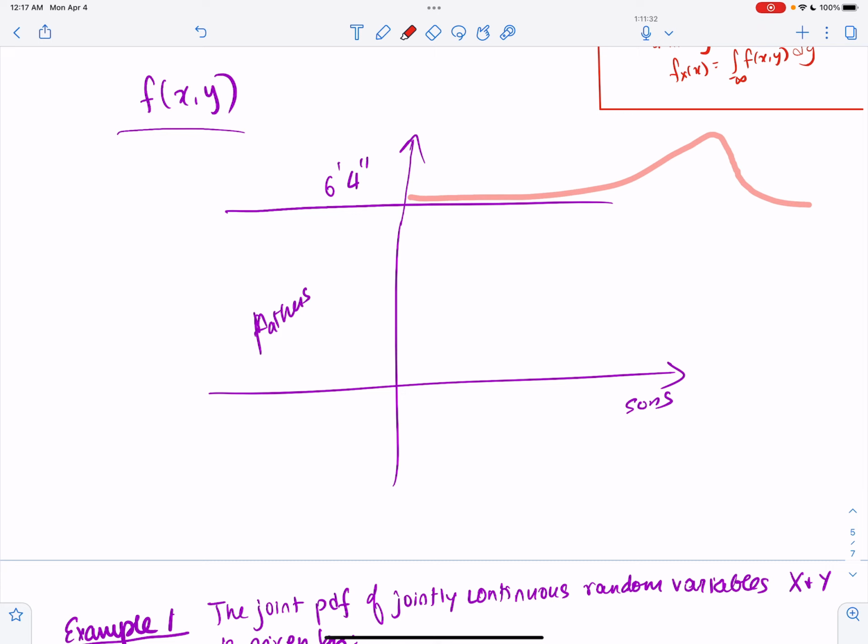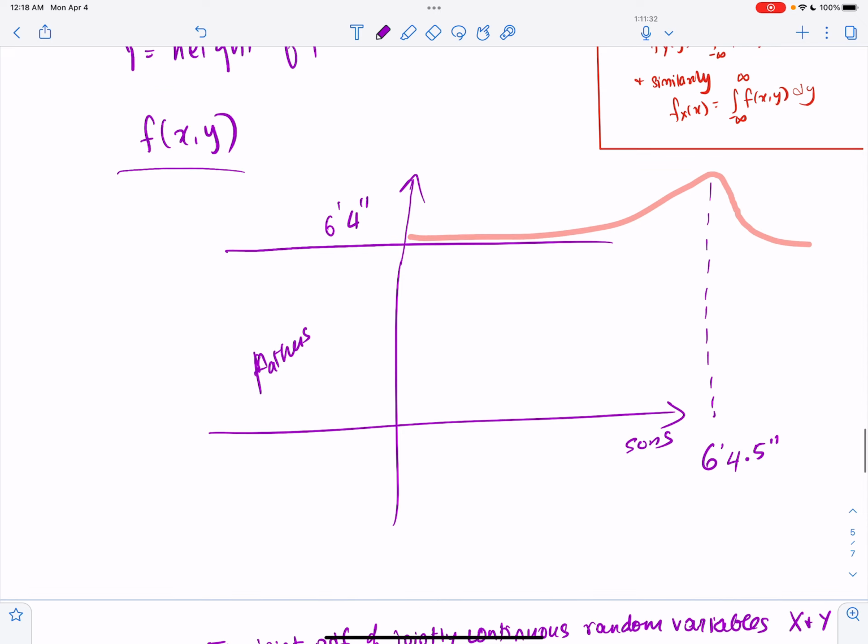And maybe the mean, I think in general they say people's heights are increasing, so maybe the mean is 6 feet 4 inches, 4.5 inches. You don't know for sure, of course, what the son's height could be.